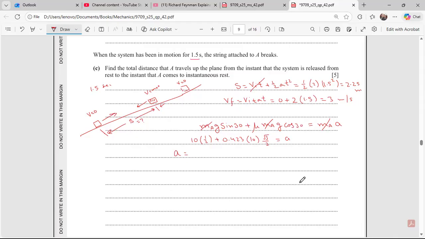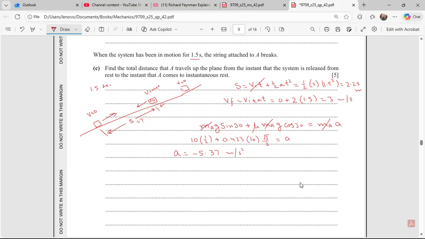So this whole thing comes out to be 5.37 meters per second squared, and I should call it negative because it is actually a deceleration. If I consider the forces in the negative direction, then I will have a as negative as well, but this is not so important. So now I know that from this point onward the acceleration was this much.